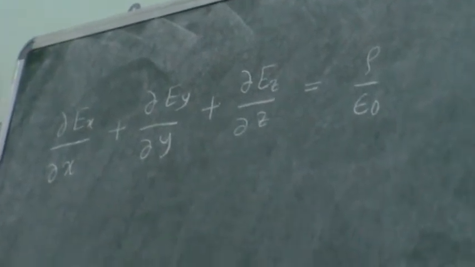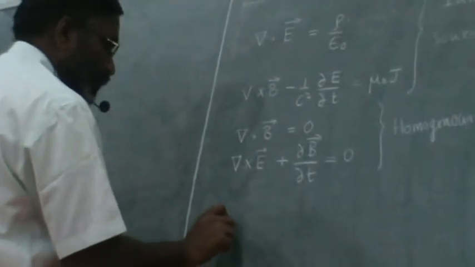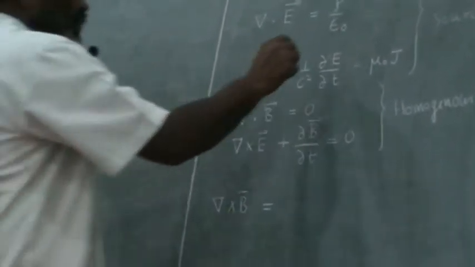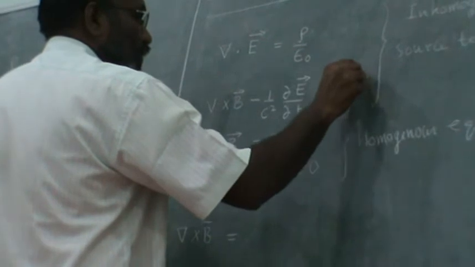Okay? Then, what is curl B? Curl B, so these are vectors.